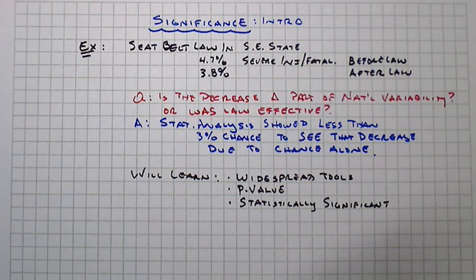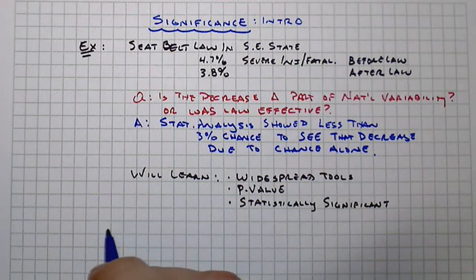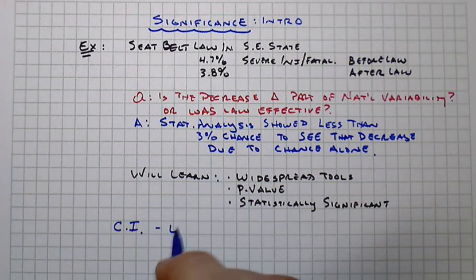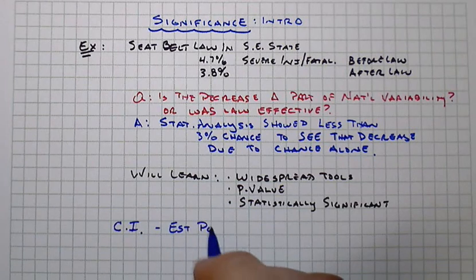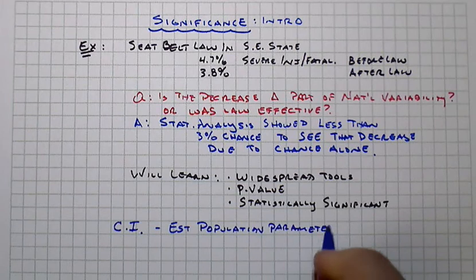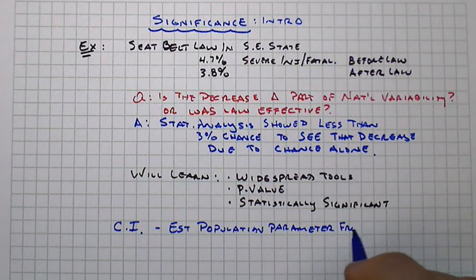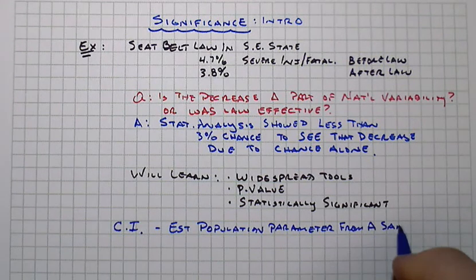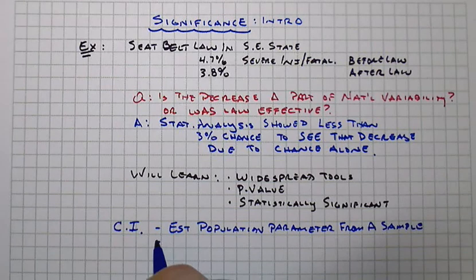Right now, we just came out of a module where we talked about confidence intervals and how we use those to estimate population parameters, all from a sample, and that gave us a systematic way to communicate how we came up with that interval.